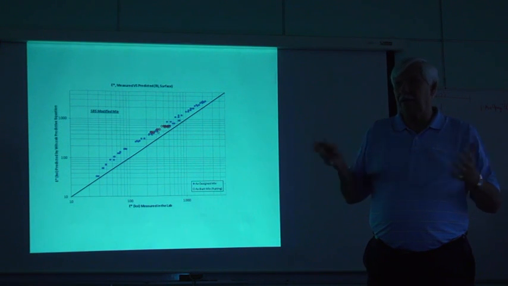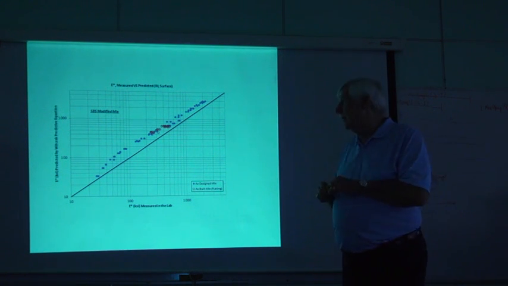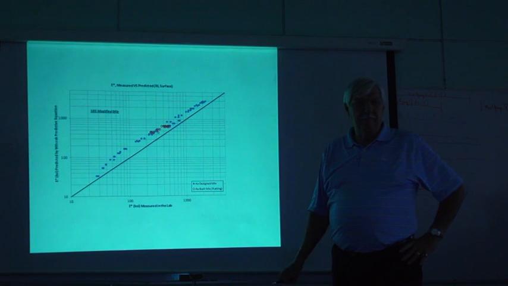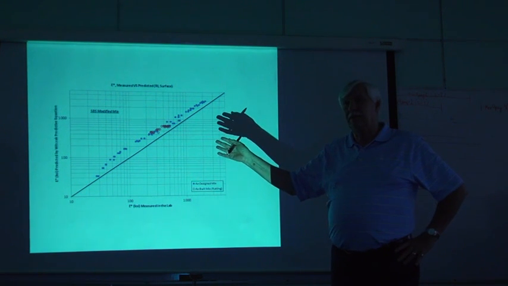So everywhere I go, I say, do not use the predictive equation to predict the modulus of polymer modified asphalt. And this clearly re-emphasizes what I've been saying. So if you have polymer modified asphalt, you can do this and get the comparison and see what it is.